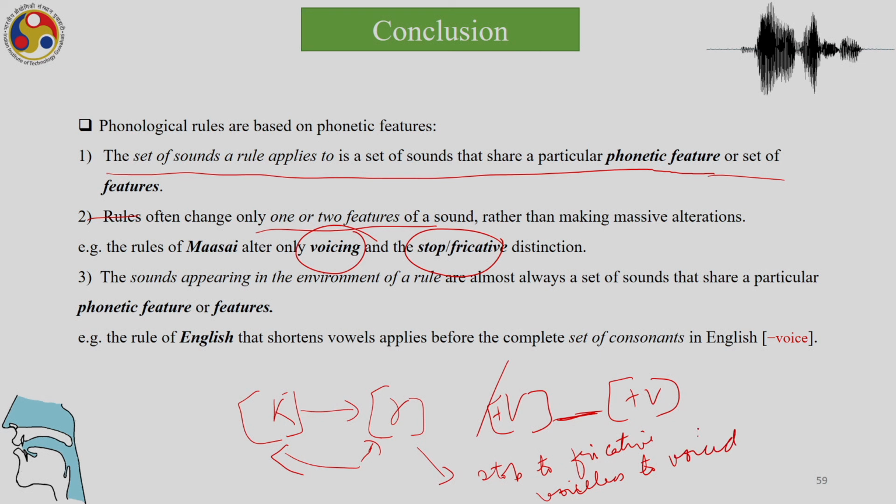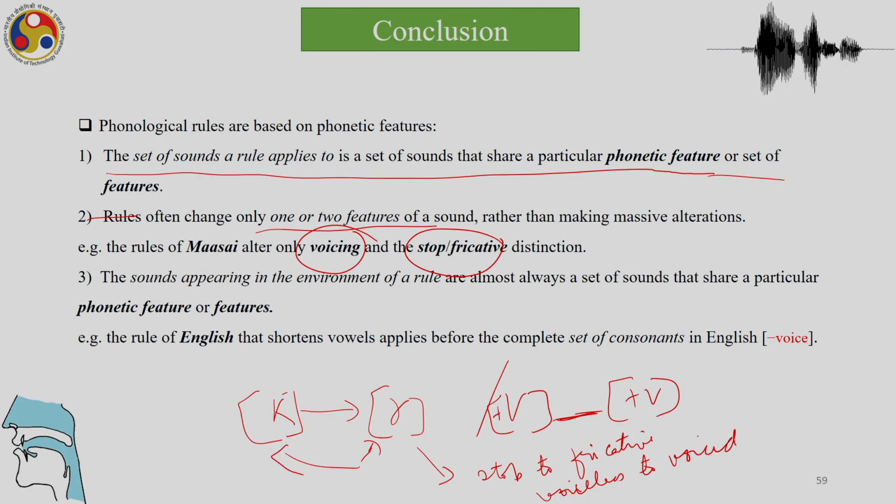So we do not find many more featural changes, and that is another thing that is important while noting the environments. The sounds appearing in the environment of a rule are almost always a set of sounds that share a particular phonetic feature or features. So the rule of English that shortens vowels applies before the complete set of consonants in English that are minus voice.